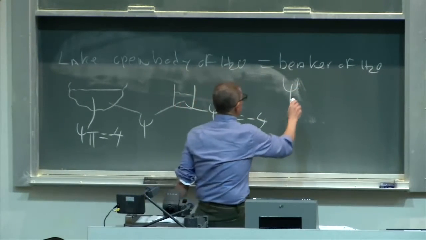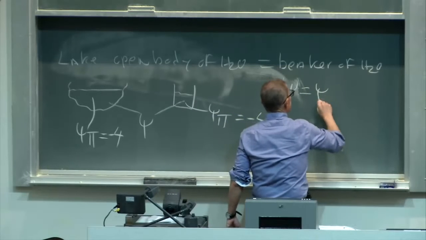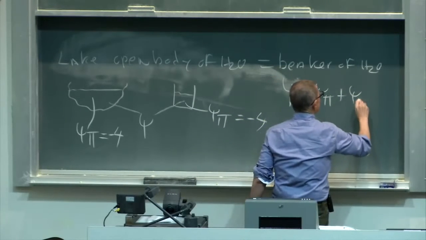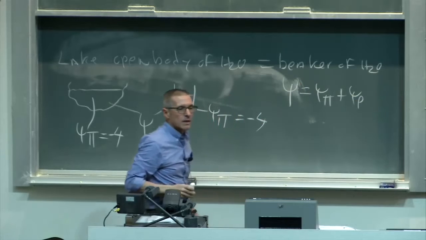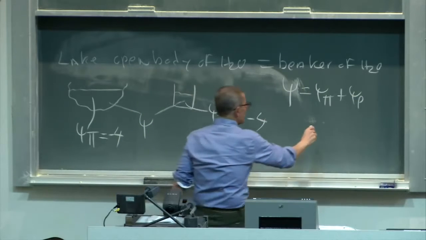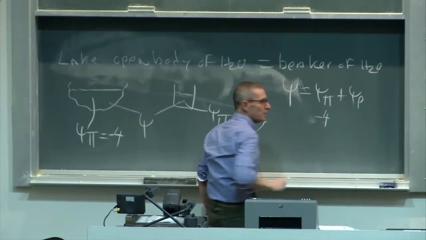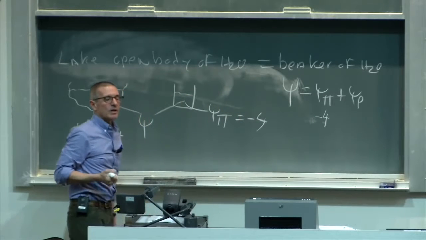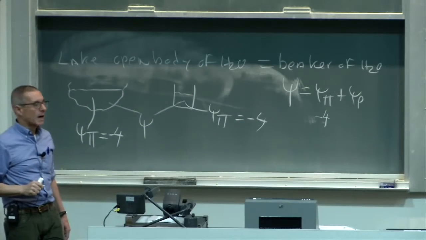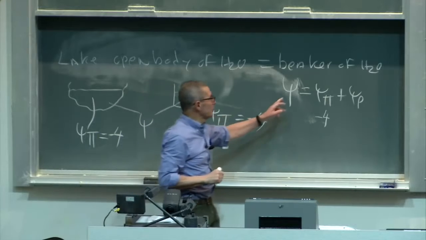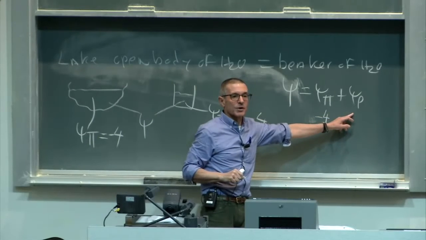Remember, water potential equals psi sub pi plus psi sub p. So in this equation, what I've done is tell you that for the lake or for the beaker of water, the psi sub pi is -4. How can you possibly arrive at the water potential when you have another unknown?